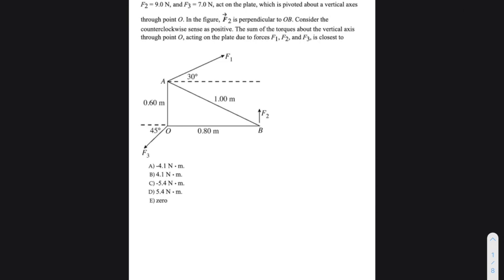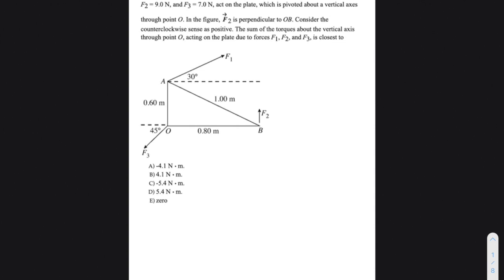Okay, so for this question, let's look at force F1. This force makes an angle of 30 degrees with the horizontal line, and therefore we have to find its torque with respect to the point O. Let's prolong this force F1, and now let's draw the perpendicular line from O. Now we have to find the angle which will help us.